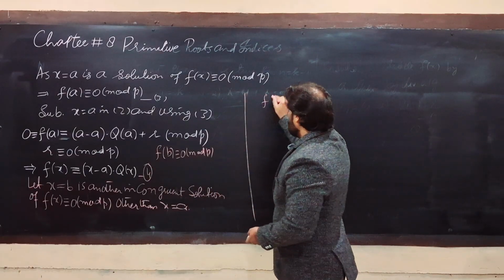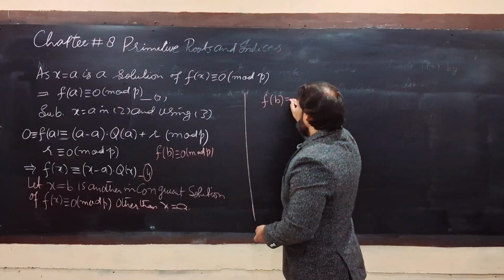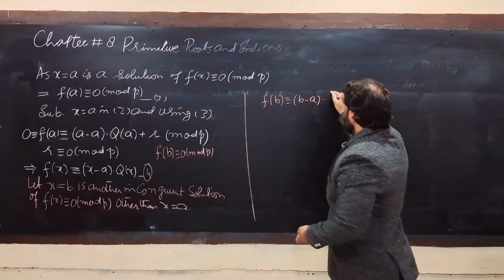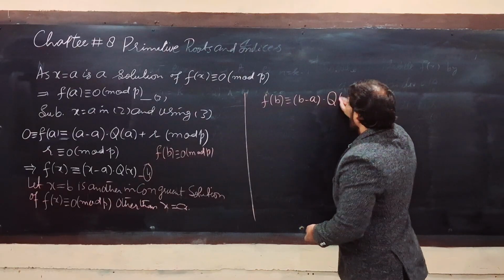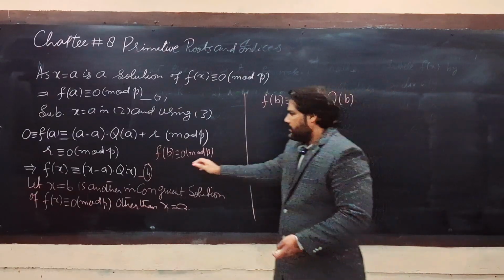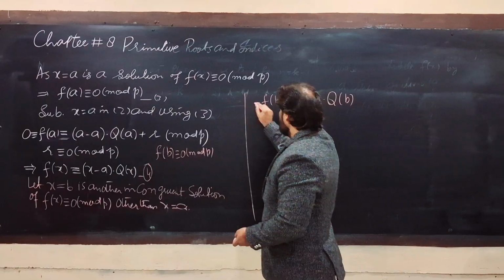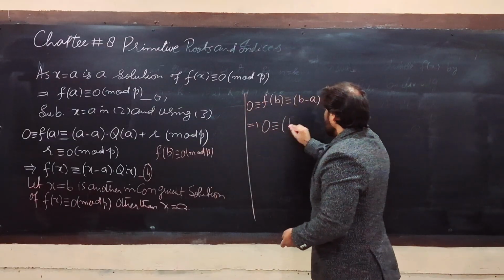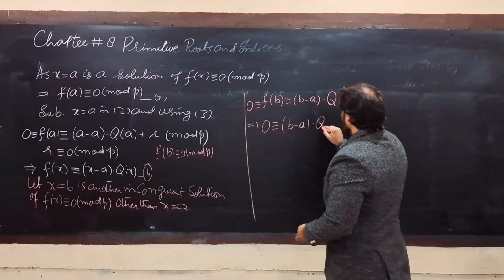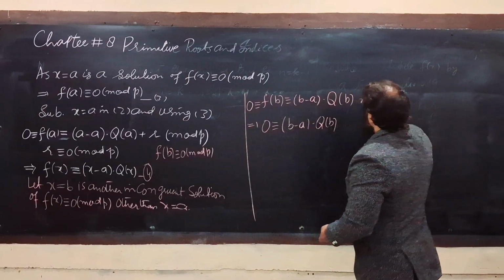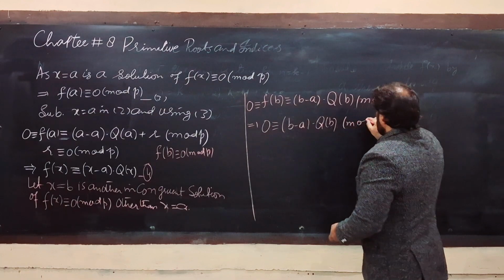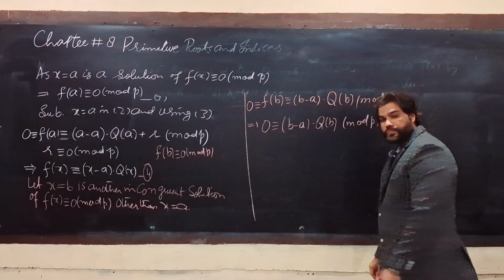f of b congruent to b minus a, and this is q of b. As f of b is congruent to 0, so this becomes 0 congruent to b minus a into q of b modulo p.